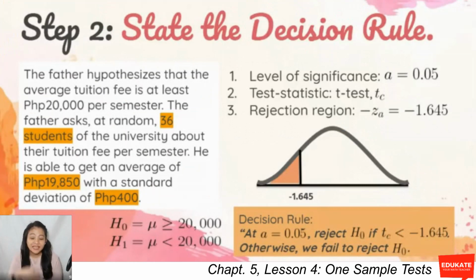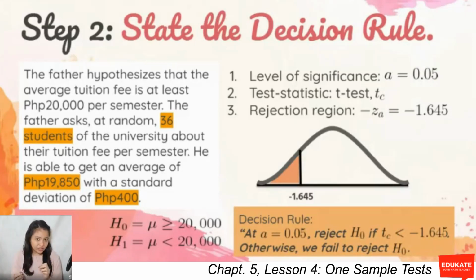So moving to step 2 for our part 2 sa situation, we have there your level of significance being set as 0.05. Next, for the second part of our decision rule, the test statistic to use. Since our sample size is 36 students, which is greater than 30, technically we are going to use the z-test. However, it is not assumed to be a standard normal distribution.